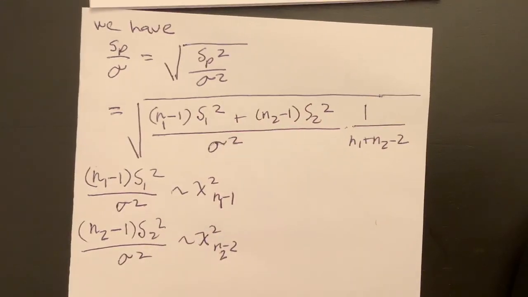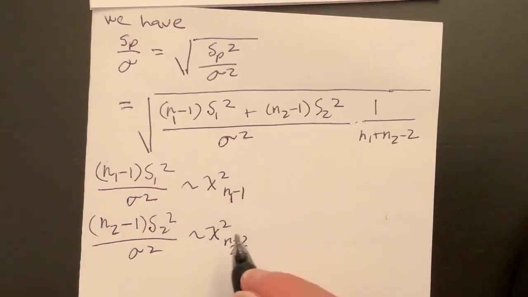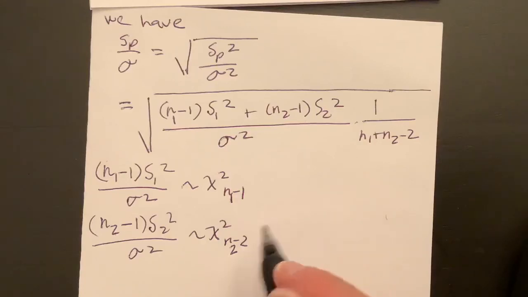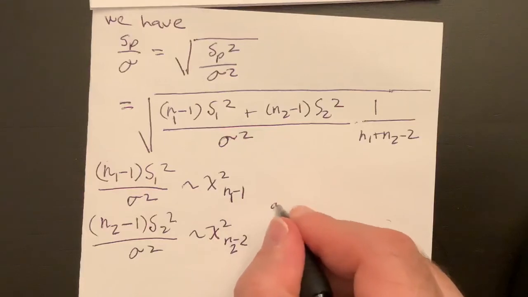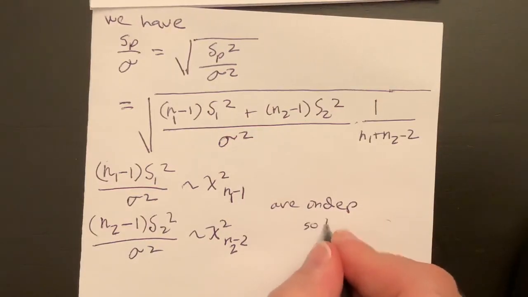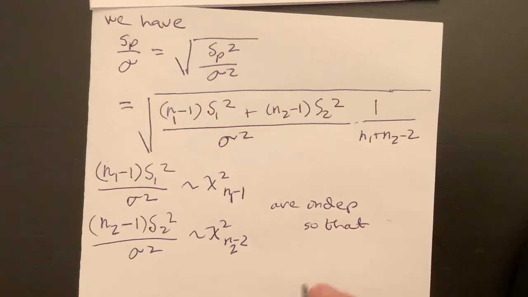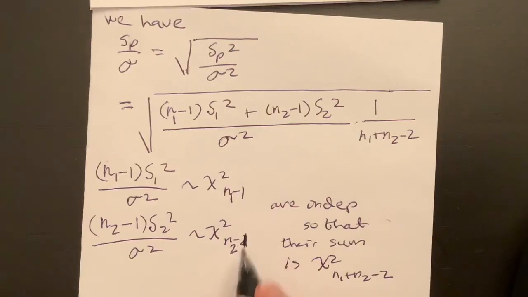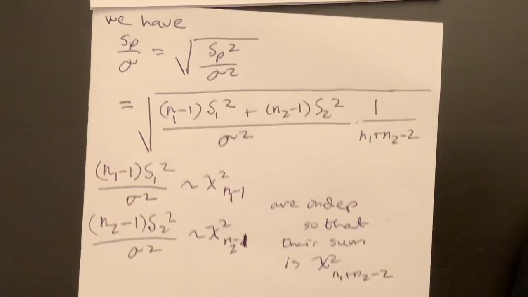Okay. So this implies, right, that they are independent, so that their sum is also chi-squared. This should be minus 1, right? Sorry. Okay.